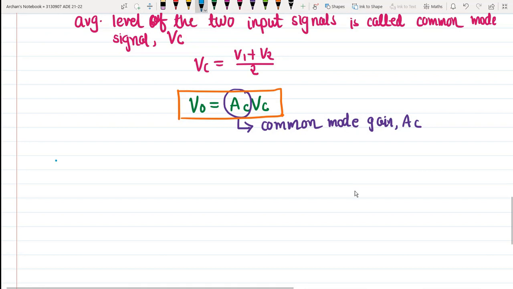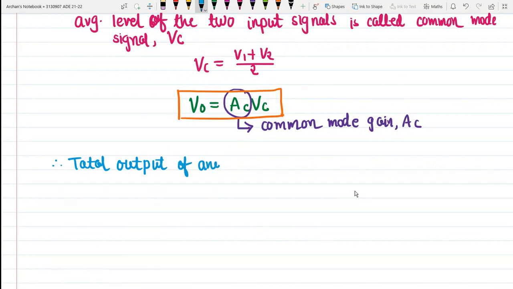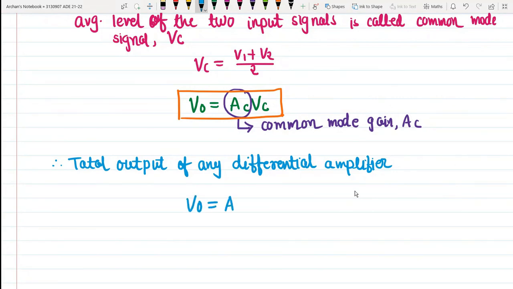Okay, so ultimately we can say, if I talk about the total output of a practical differential amplifier, the total output of any differential amplifier can be expressed as V0 equal to ADVD plus AC Vc.